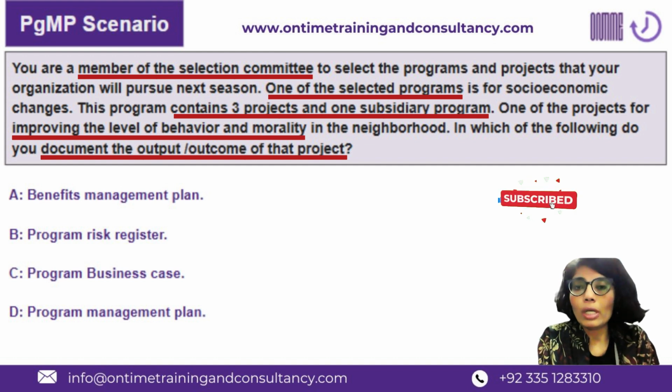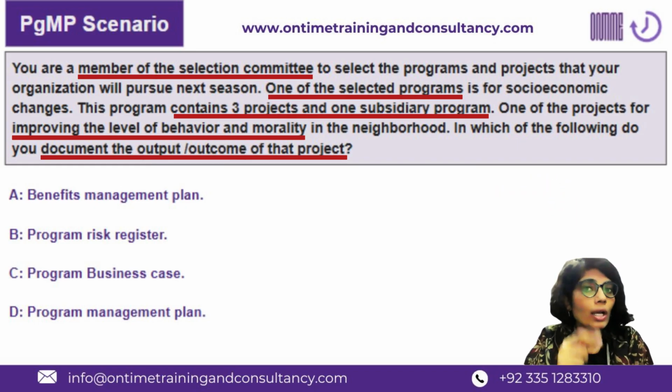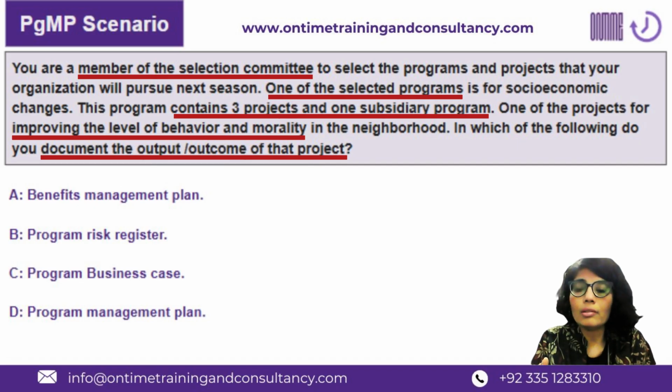If a program is selected to proceed in the organization, what is the other way of saying it? The other way of saying it is that the business case is approved.